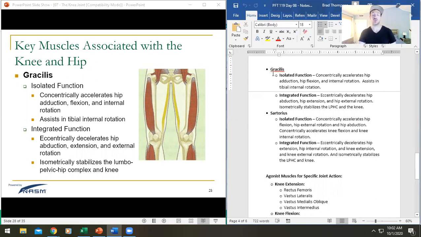So your gracilis is actually part of your hip adductor complex, but it also does assist in weak hip flexion. So this can be part of the hip flexor complex here. And it does internal rotation of the hip. But it also assists in tibial internal rotation. So it is doing hip internal rotation and tibial internal rotation.